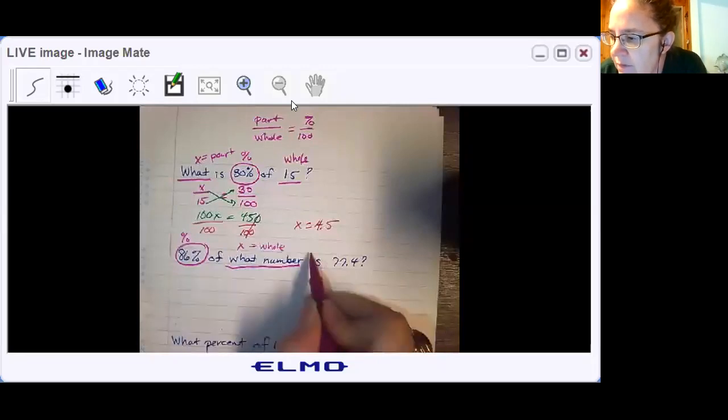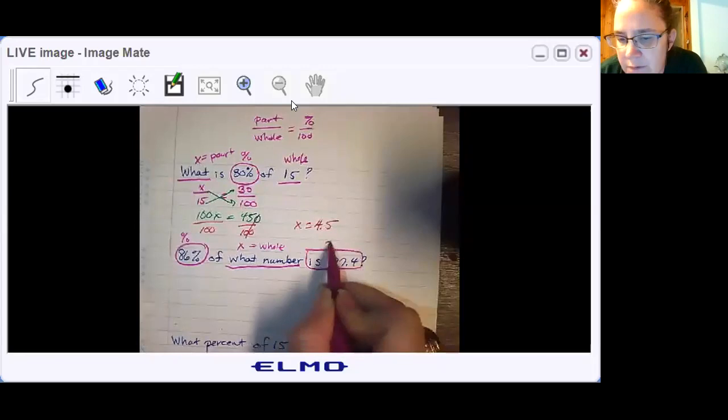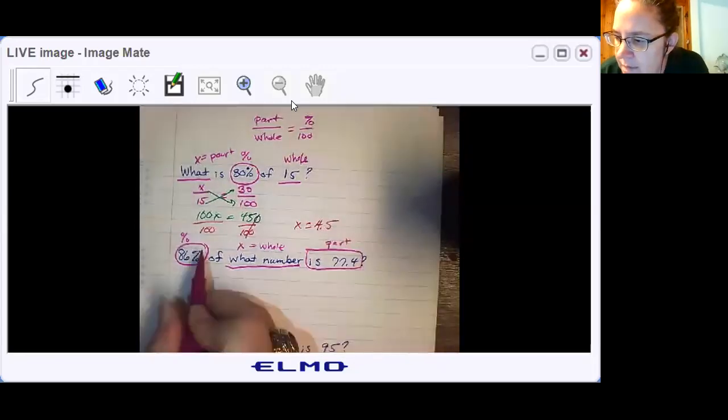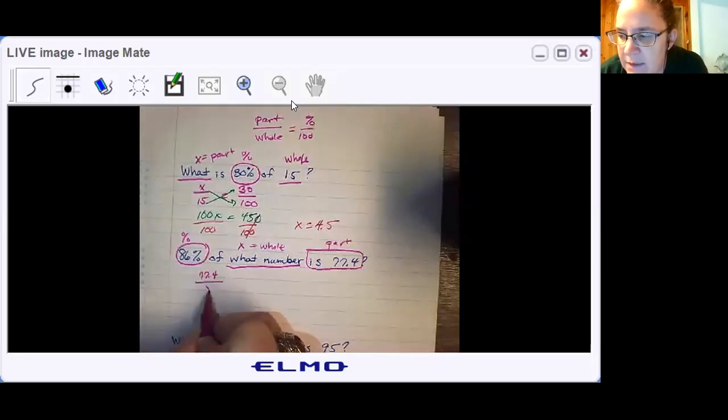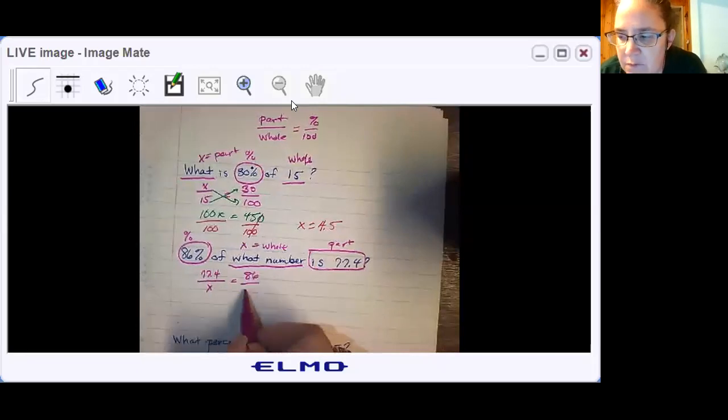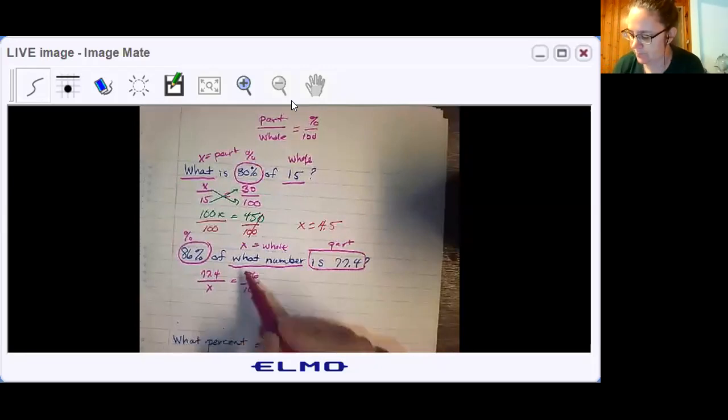Is 77.4, this is our part. So now we're going to do 77.4 over x, because there's our part and our whole, is 86% of something. So 86 out of 100.